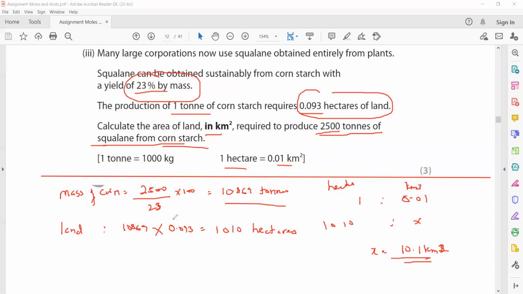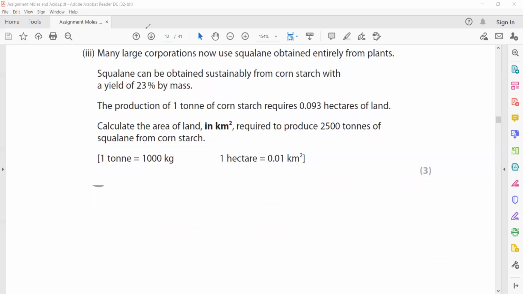And to grow these 10,869 tons, because for 1 ton we need this much space, we multiply by 0.093. So we need about 1010 hectares, and the ratio of hectares to kilometer square is 0.01. So for 1010 hectares, we need x kilometer square. So we need about 10 kilometers square of land to produce this cornstarch.